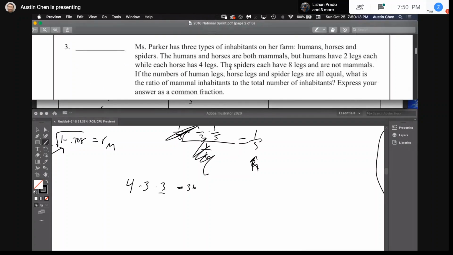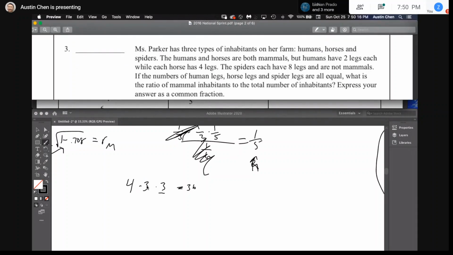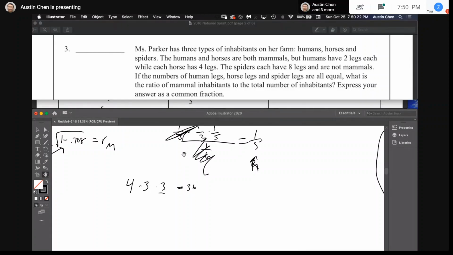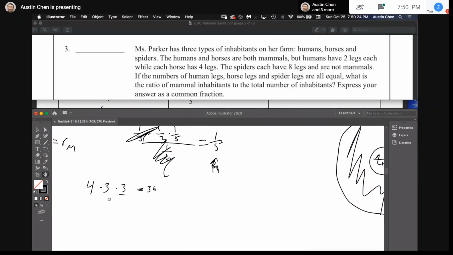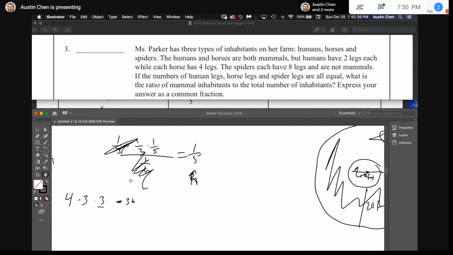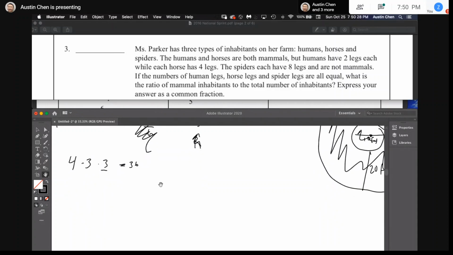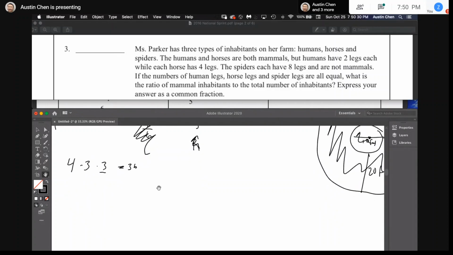All right. Miss Parker has 3 types of inhabitants on her farm: humans, horses, and spiders. The humans and horses are both mammals, but humans have 2 legs each while each horse has 4 legs. The spiders each have 8 legs and are not mammals. If the number of human legs, horse legs, and spider legs are all equal, what is the ratio of mammal inhabitants to the total number of inhabitants, expressed as a common fraction?